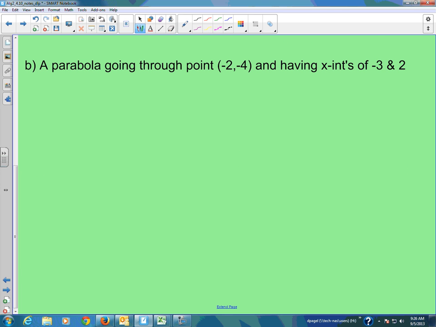This would be the pause time if you want to try this one on your own. Plug in our x-intercepts. Plug in my y's and my x's. Go ahead and simplify this. On the right-hand side, we get 1 times negative 4, or negative 4a.